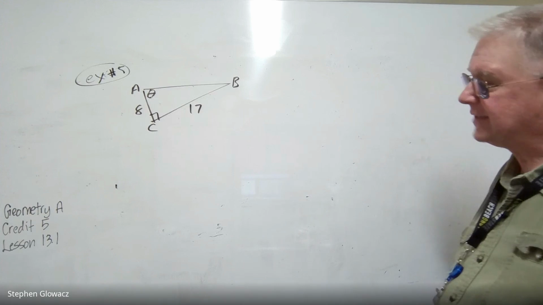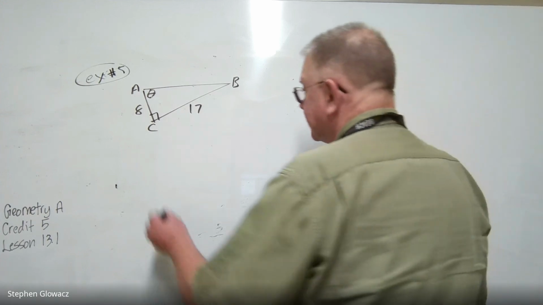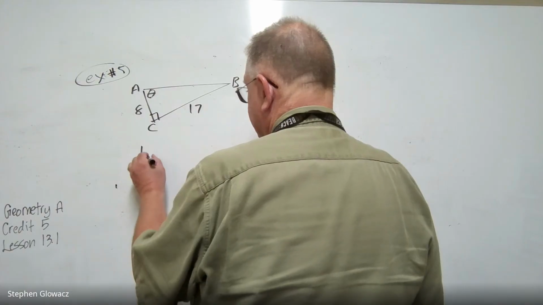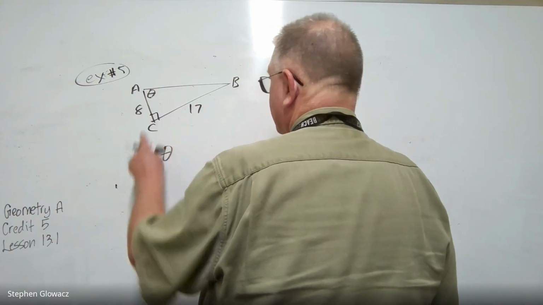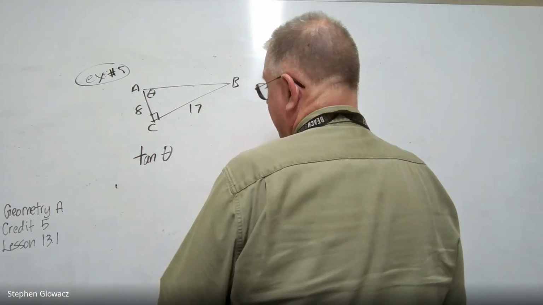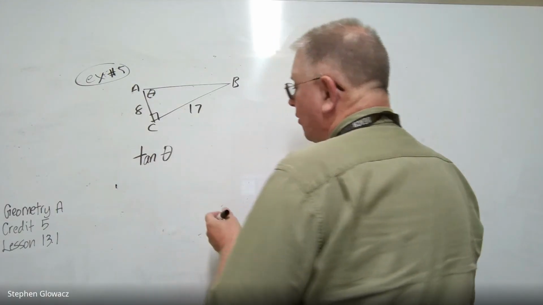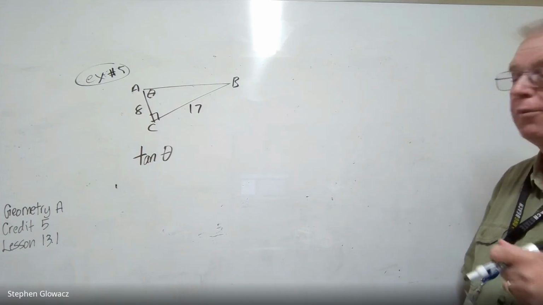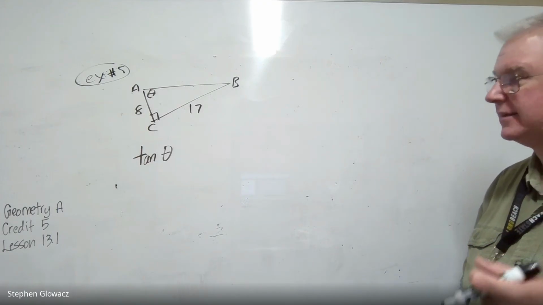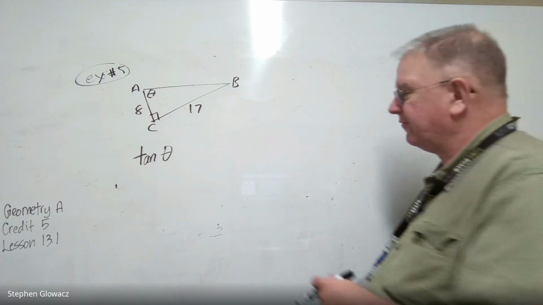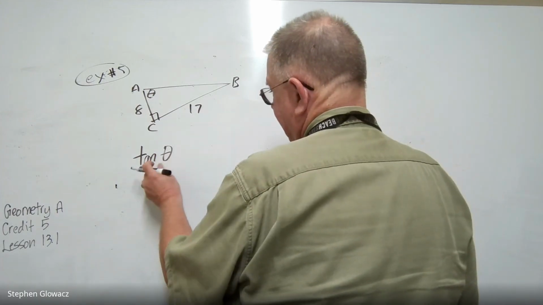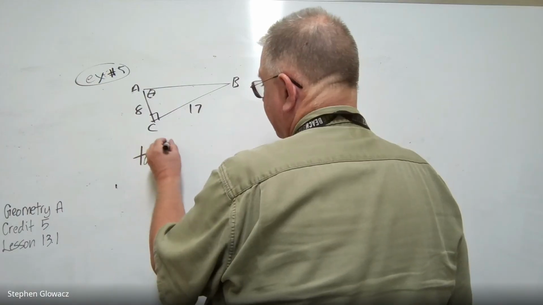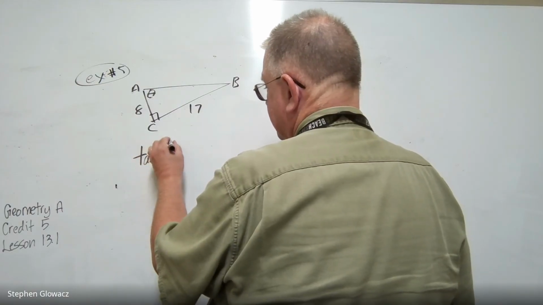All right, so how do we set this up? What we want to do is not find the tangent of theta or angle A, same thing, but we want to find the angle. We want to find the angle that has a tangent of, and we're going to find out what the tangent of theta is here. The way we indicate that is inverse tangent.